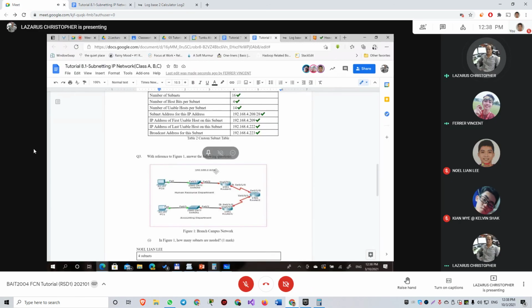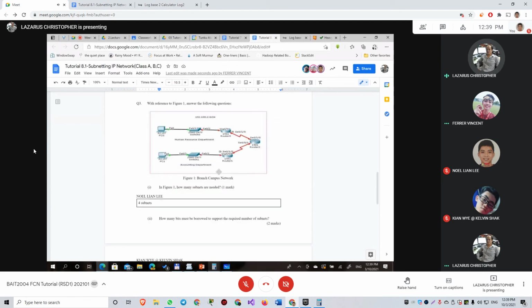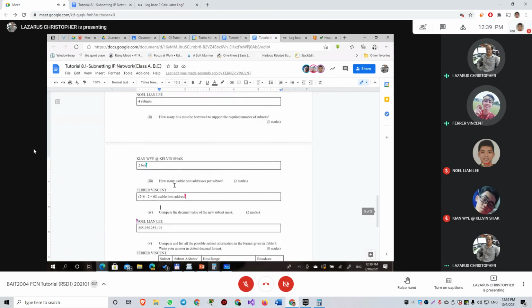So if 24 belong to network, how many are left for host? I think 8. Yes, 8, because 32 minus 24 is 8. That's why you get 8. Then you borrow 2 bits again, so from the 8 you borrow 2 bits, left 6, right? That's why you use 6 as n to calculate the number of usable host addresses.